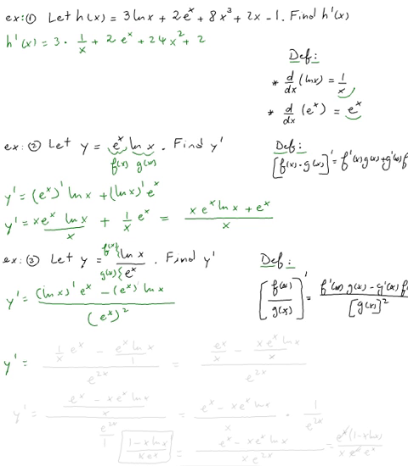Now y prime is equal to the derivative of ln x, by definition 1 over x, times e to the x, minus the derivative of e to the x, which is just e to the x, times ln x, everything over e to the x squared, which is the same thing as e to the 2x, so the exponent is 2x, right?